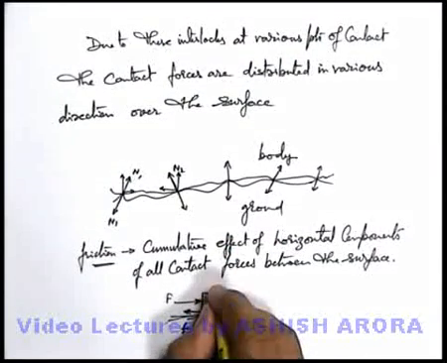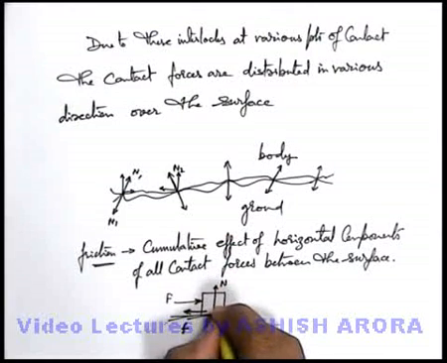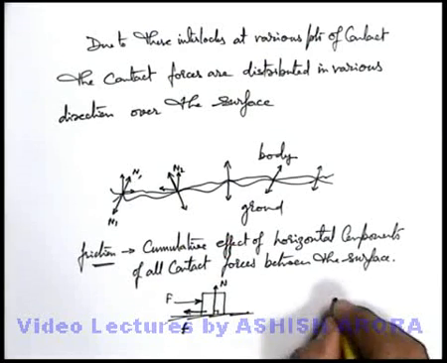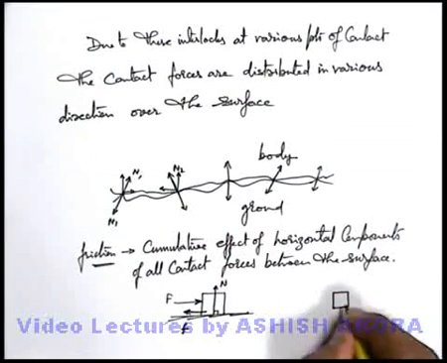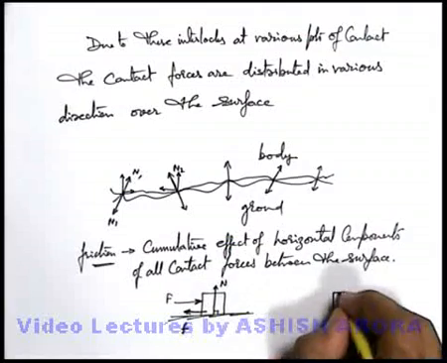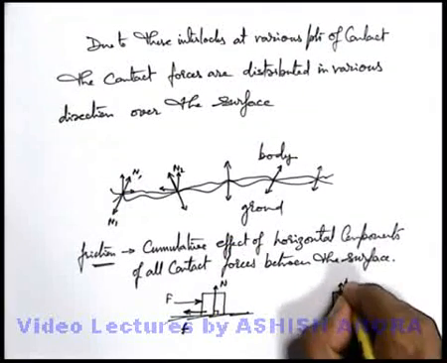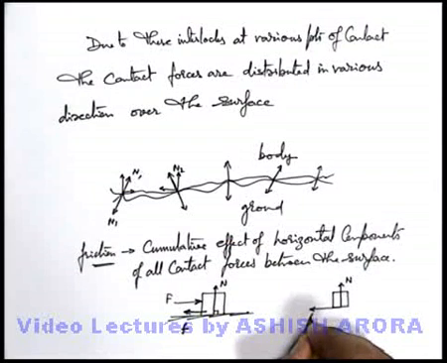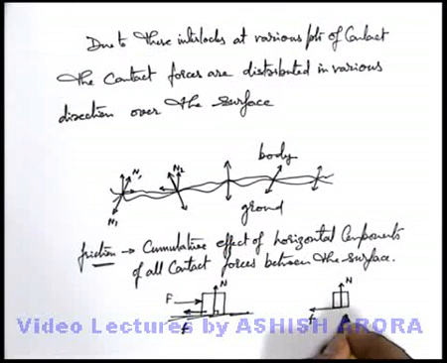And the normal reaction always exists in the direction perpendicular to the surface, which we already studied in the previous chapter. Here, when we talk about the free body diagram of the body, the ground has applied two forces on the body. One is the normal reaction, which acts perpendicular to the surface. The other is friction. This is also applied by the ground, as a part of the contact force.